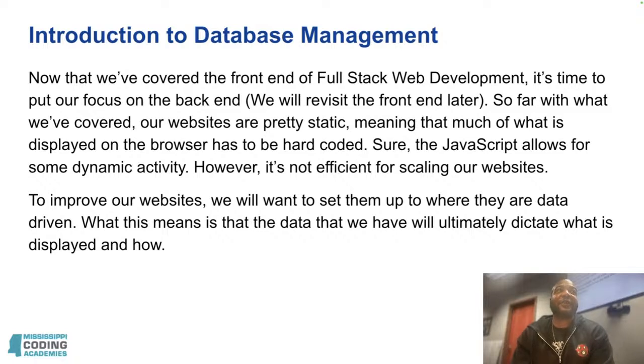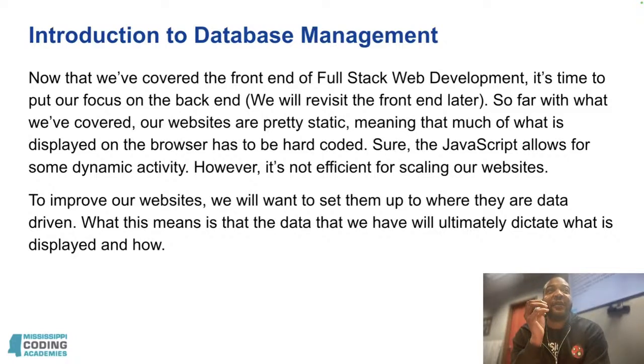Now that we've discovered the front end of full stack web development, it's time to put our focus on the back end. And we'll revisit the front end later, and we shall. So far, with what we've covered, our websites are pretty static, meaning that much of what is displayed on the browser has to be hard coded, right?